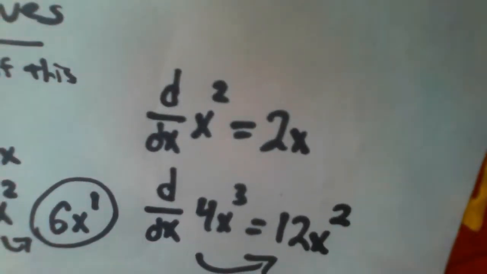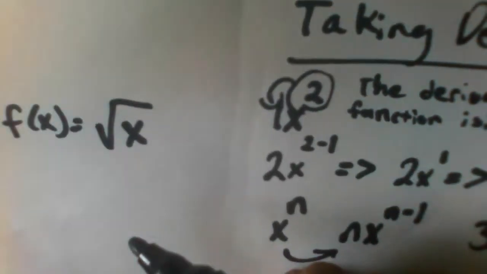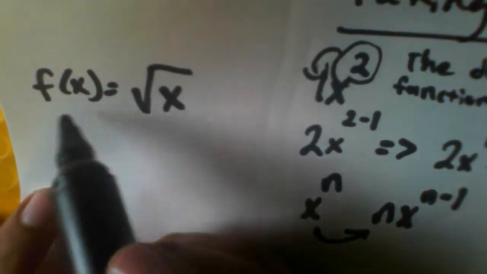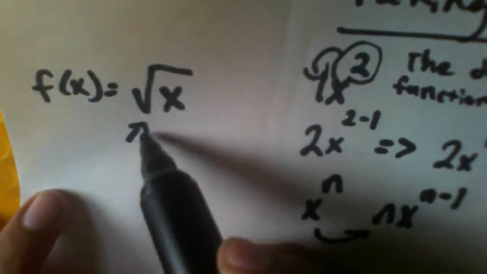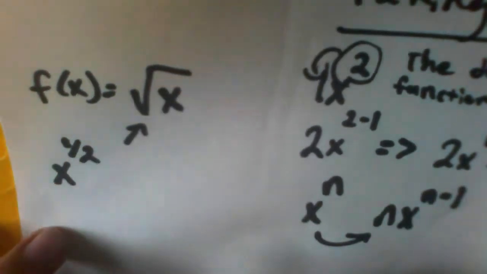Alright, so let's try something different. Let's say we have a function and it's square root of x. Right? We normally don't get these, but another way to write square root of x, isn't this just x to the 1/2 power?